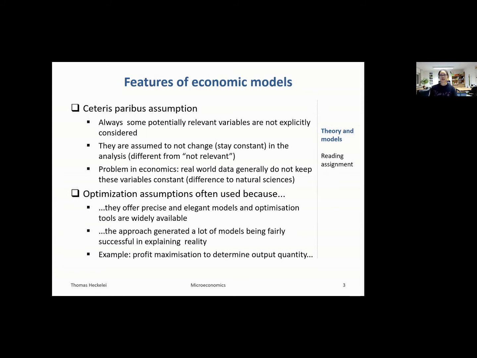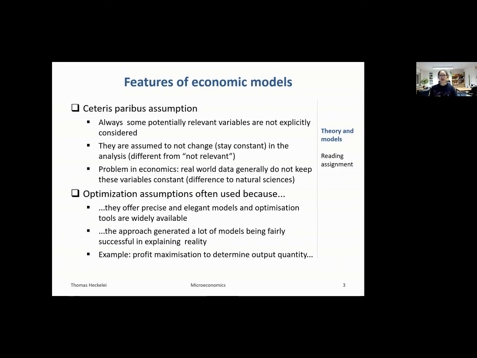The second assumption is the optimization assumption. As you will see in this course later, consumers want to maximize their utility, firms want to maximize their profit, and so on. But why is it that this is used so often? There are two reasons. The first one is that this assumption gives very nice, elegant, and tractable models, and they are widely available for usage.